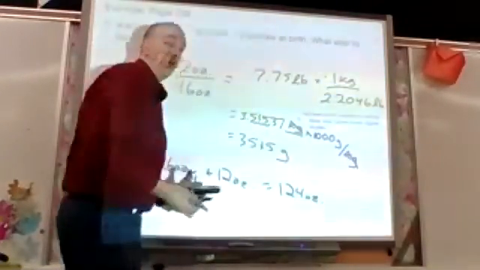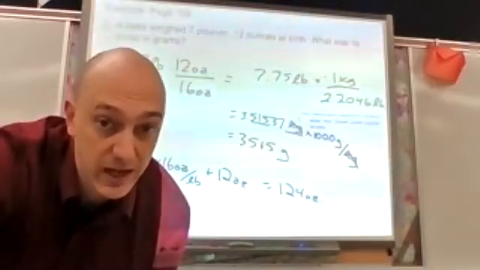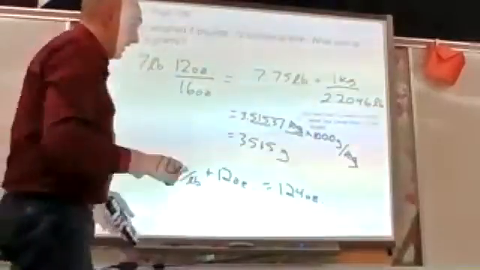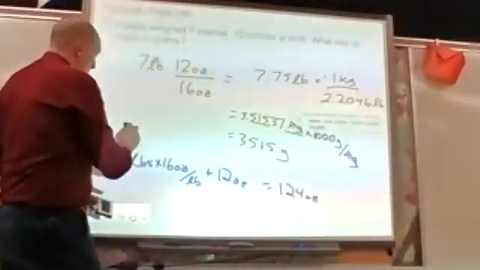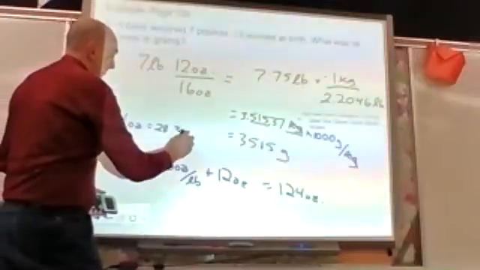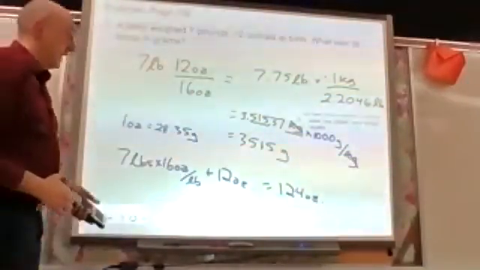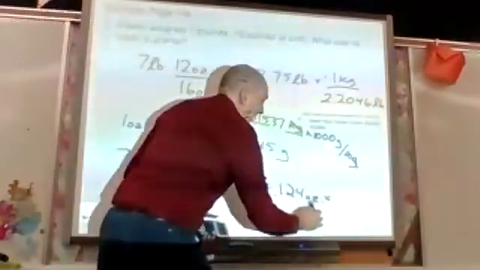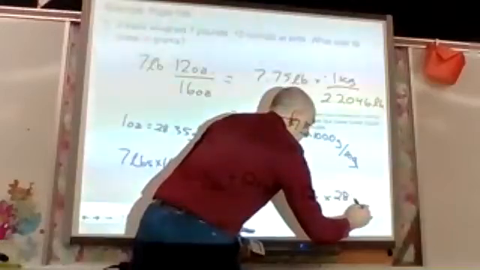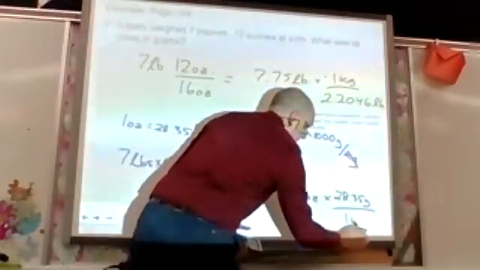And then if you check your formula sheet, you can find the conversion factor for ounces to pounds. Let me just do that now. Sorry, I misspoke, checking for ounces to grams. And the conversion factor is 1 ounce equals 28.35 grams. So I'm going to take my 124 ounces and multiply it by the conversion factor with ounces on the bottom, 28.35 grams over 1 ounce.